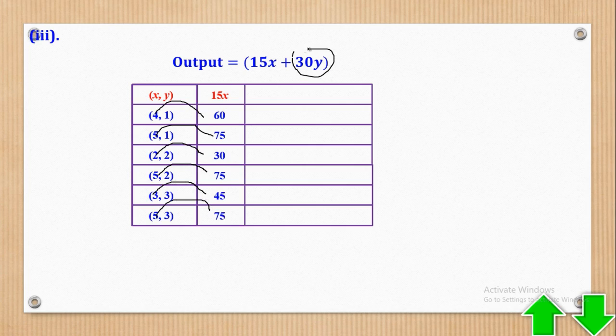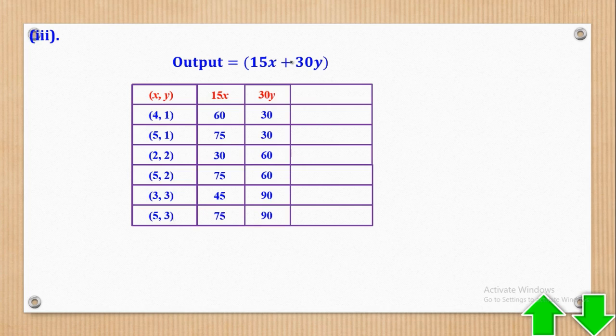The next is to look for these values. So 30y means that you multiply 30 by these y coordinates. For example, 1 by 30 will give me 30, 1 by 30 will give me 30, 2 by 30 will give me 60, 2 by 30 will give me 60, 3 by 30 will give me 90, 3 by 30 will give me 90.